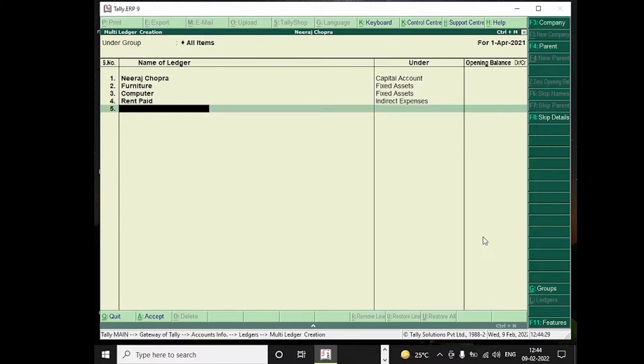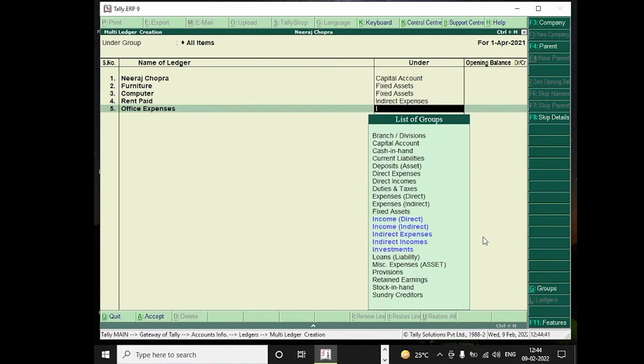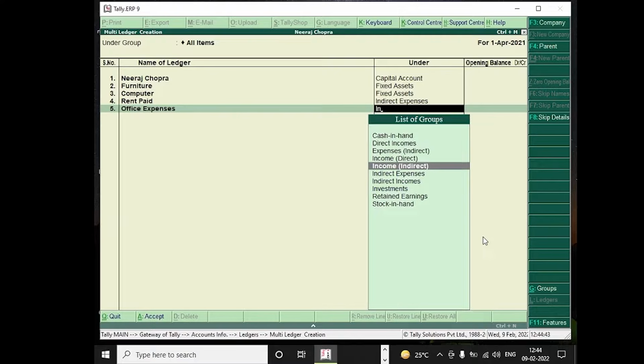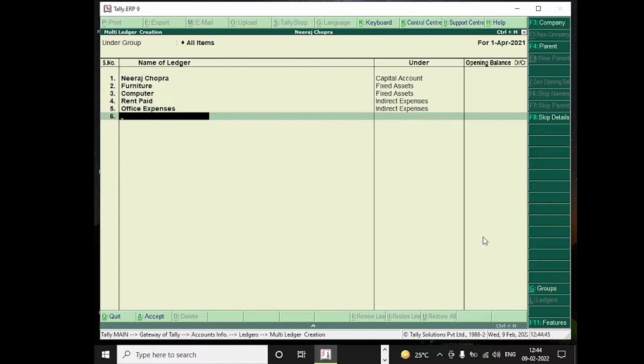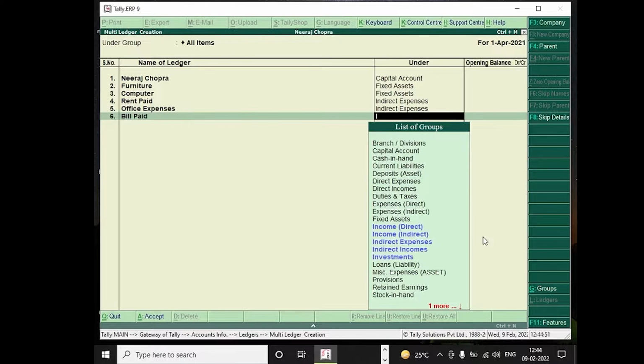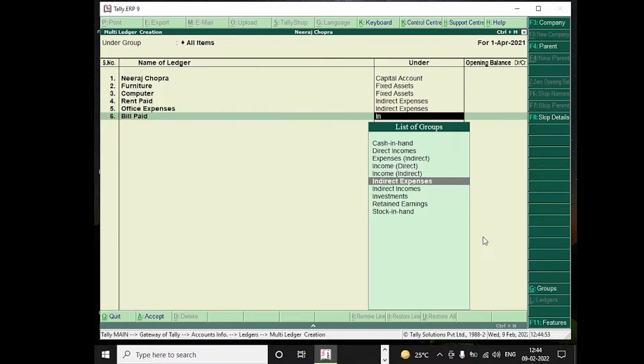It should be entered in payment voucher in accounting voucher. Next, office expenses. Office expenses is an indirect expense. Next, bill paid. Bill paid is also an indirect expense.